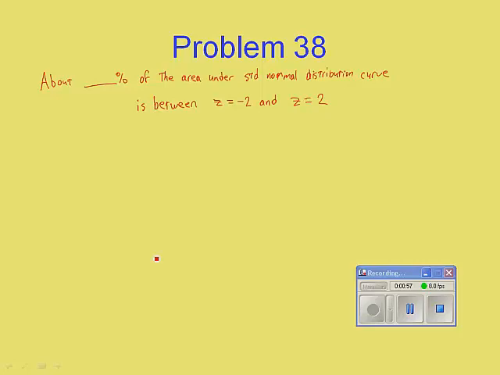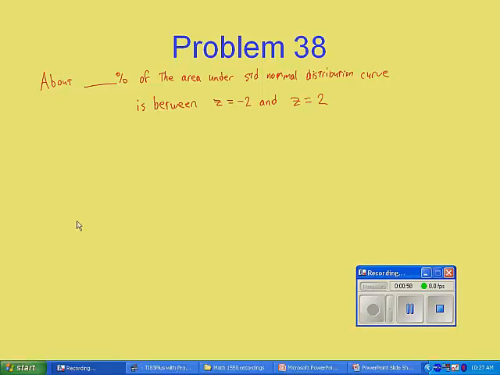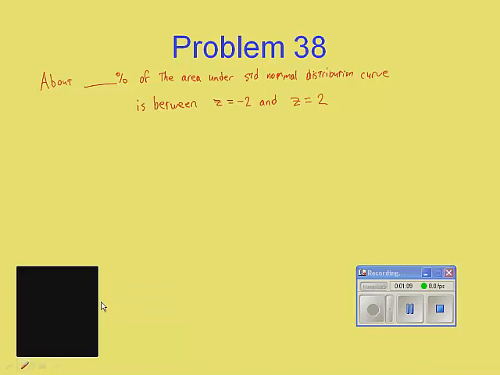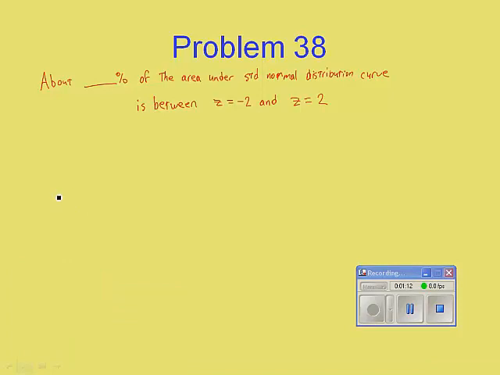Okay? Now, problems. If you have any of the problems, the very first thing you want to do is draw a sketch. And when I say draw a sketch, what I mean is draw the distribution curve. You might say, is it really that important? I think yes. I think it is. So I want to draw a bell curve, okay?